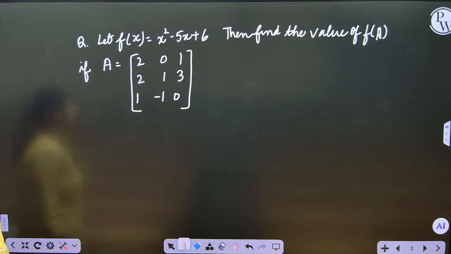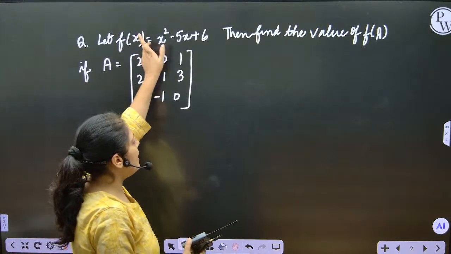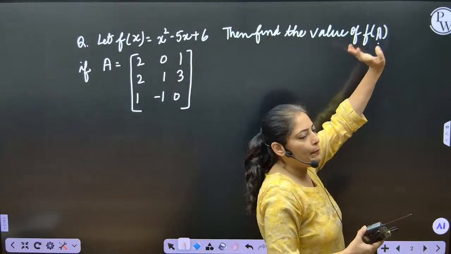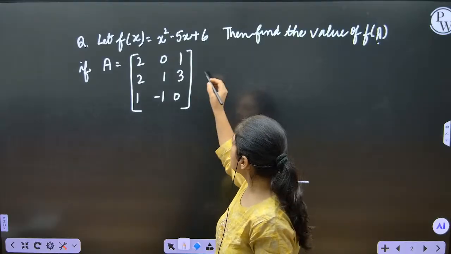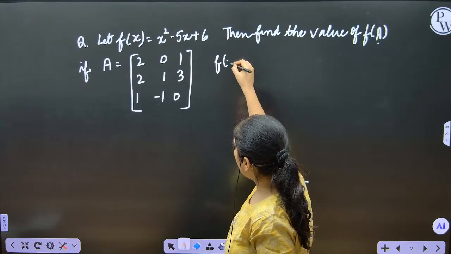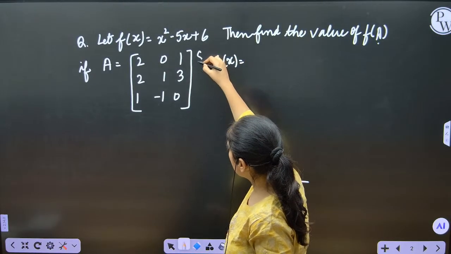Now what does it mean? Wherever x is there, I have to put the matrix A there. This means this only, no? So I'll put, this is the solution I'm writing now.